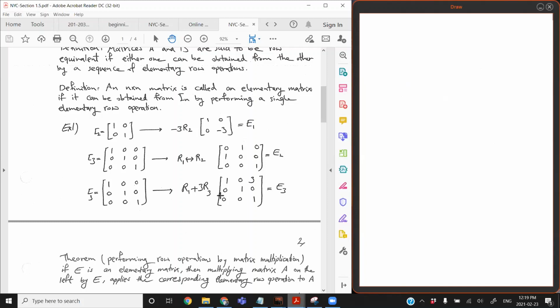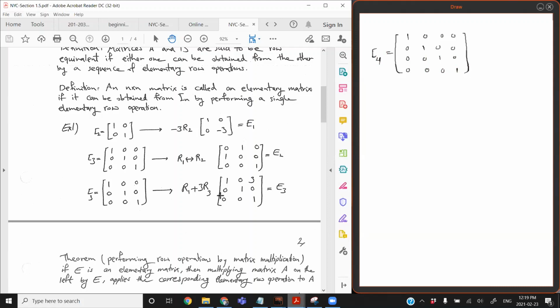So I'm going to give you another example. This 4 by 4 matrix is I4. That's the identity matrix from the realm of 4 by 4 matrices.